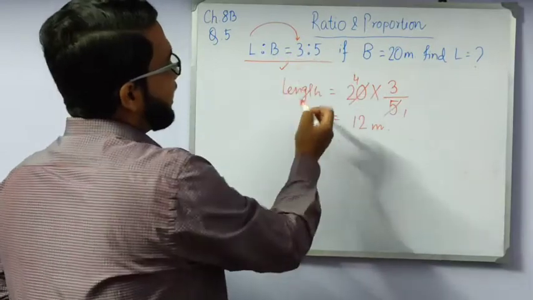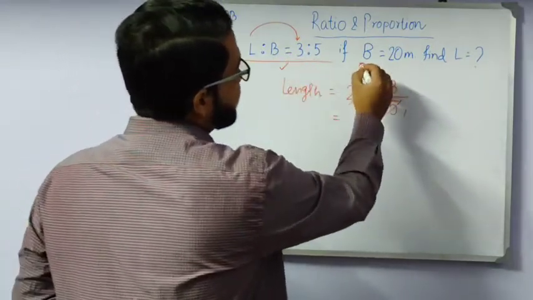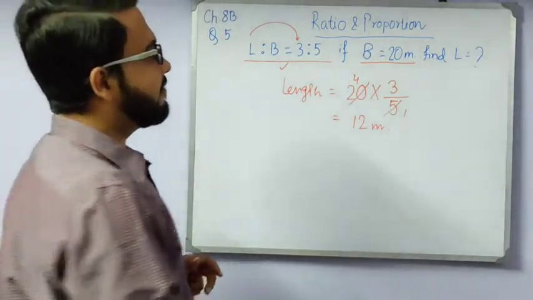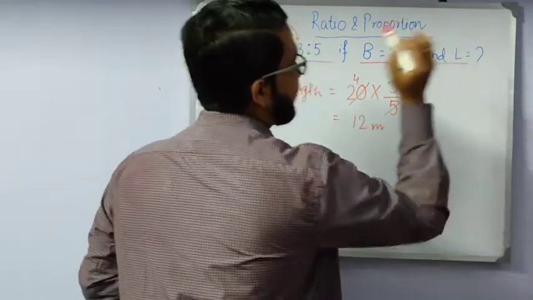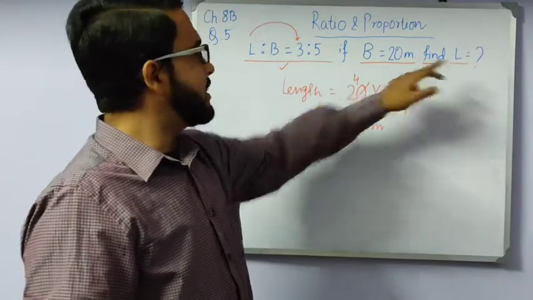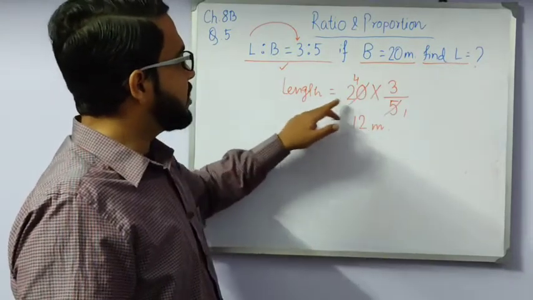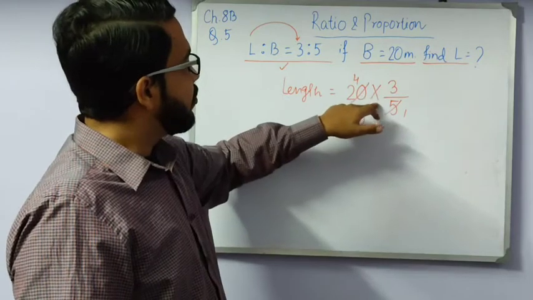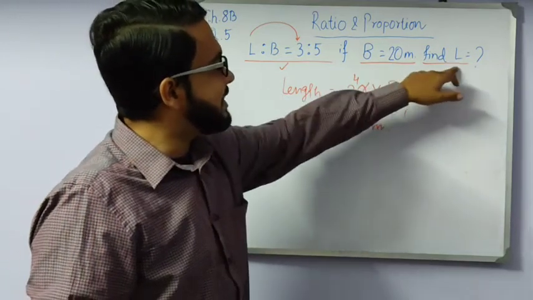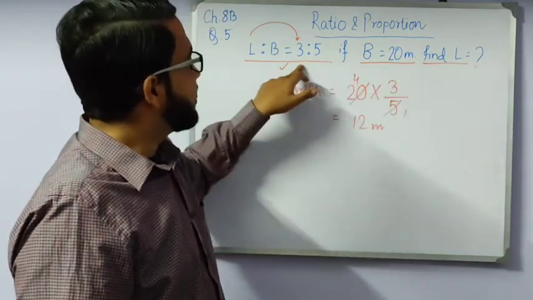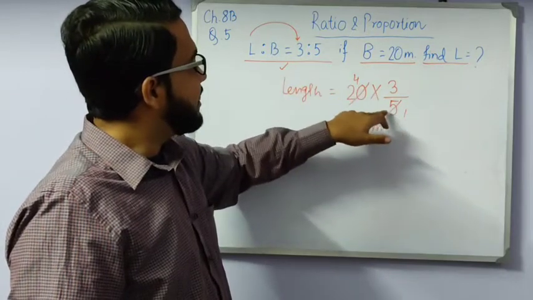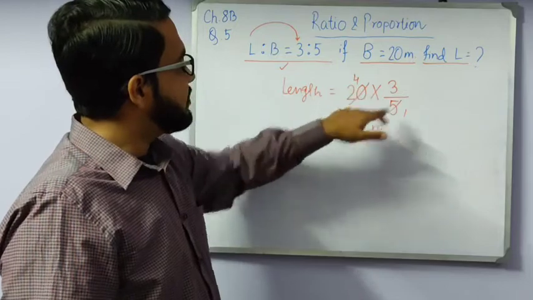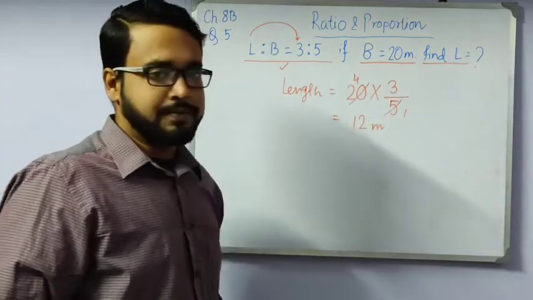The ratio is given, and from this ratio one actual value is given, and you have to find the other actual value. So how can we find it? Papaya is equal to the actual value that they gave, into the ratio we have to find. That ratio is 3, so 3 by 5. After cancelling we easily find this number.